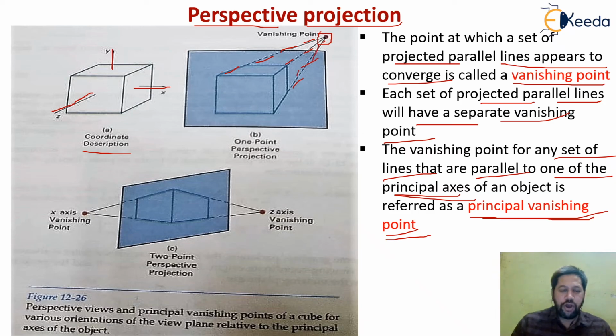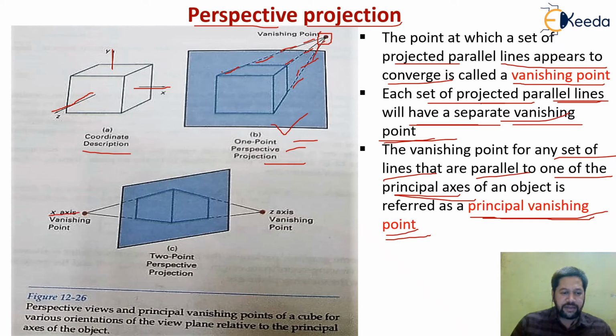Somewhere here, and now in the one point perspective projection, my object will look something like this, because this is the one vanishing point which I have considered over here. But as we have mentioned, there should not be only one. Each set of projected parallel lines will have a separate vanishing point. So here, if I take this particular object, these are the vanishing points.